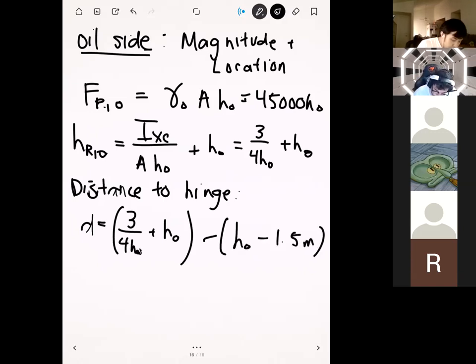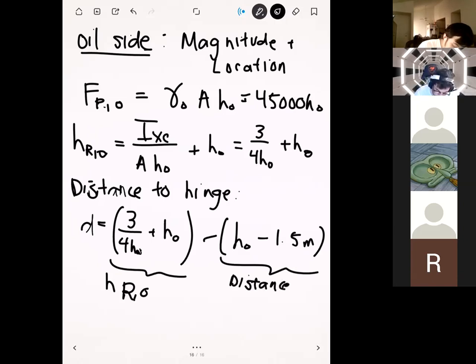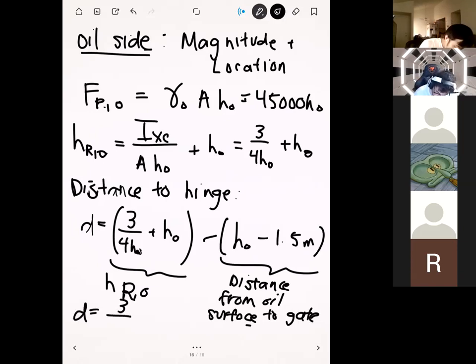This is HRO, and this right here is the distance from the oil surface to the gate. If we compute this, D is equal to 3/4 HO plus 1.5. We're out of time, so I'm going to go forward a little bit, but you can check out the recording later.